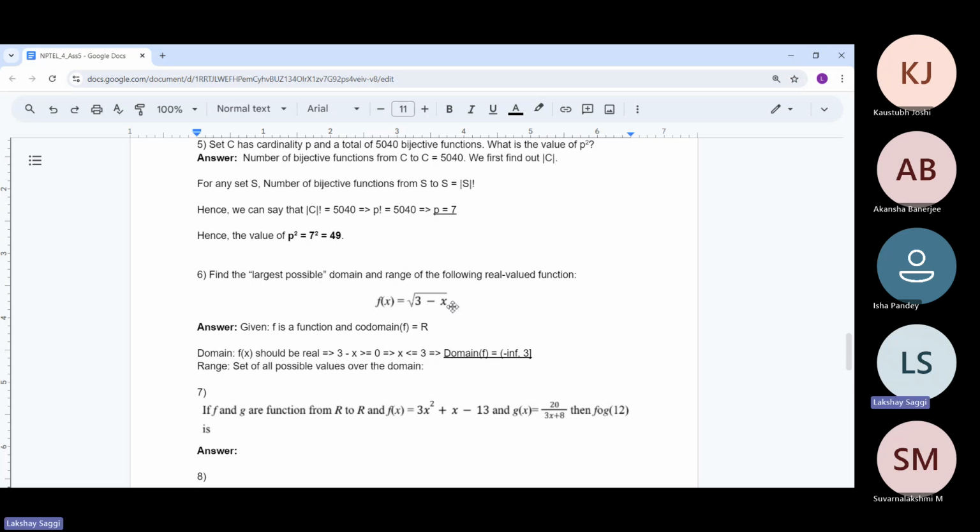So putting x equal to 3 minus y square, we will be able to obtain that real number. And 3 minus y square will also lie in the domain, as can be seen.